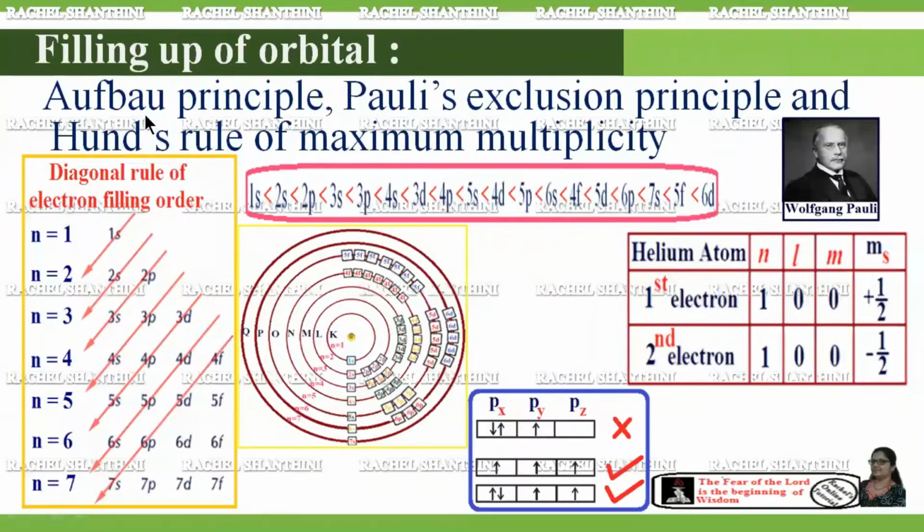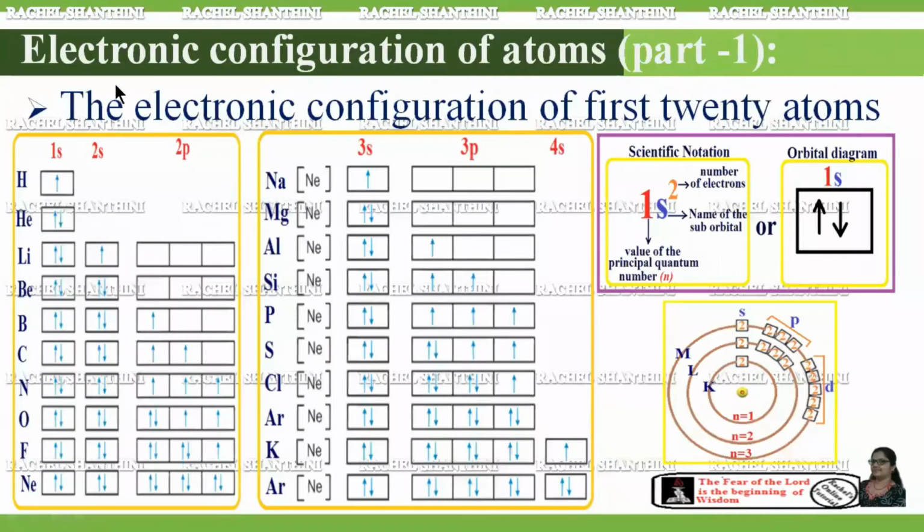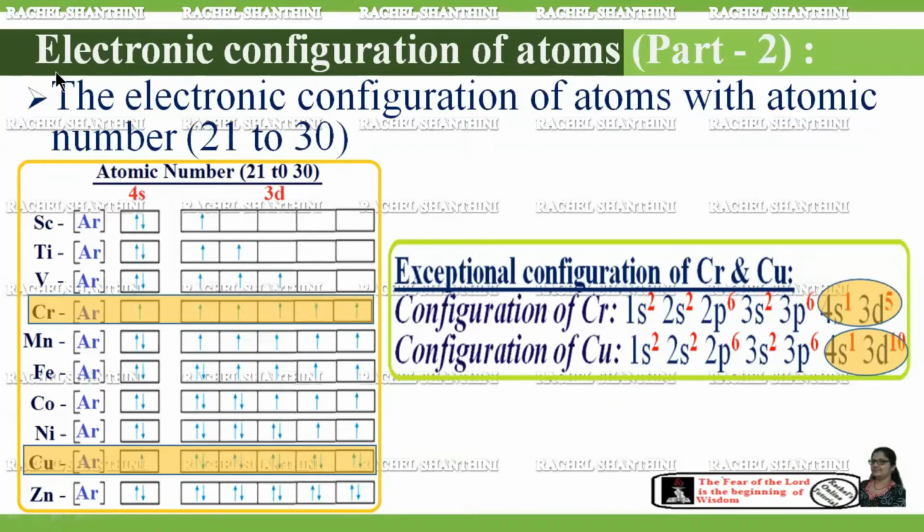In session 2.11, filling up of orbitals. In session 2.12, the electronic configuration of the first 20 atoms. In session 2.13, the electronic configuration of atoms with atomic number from 21 to 30 and the exceptional configuration of chromium and copper.